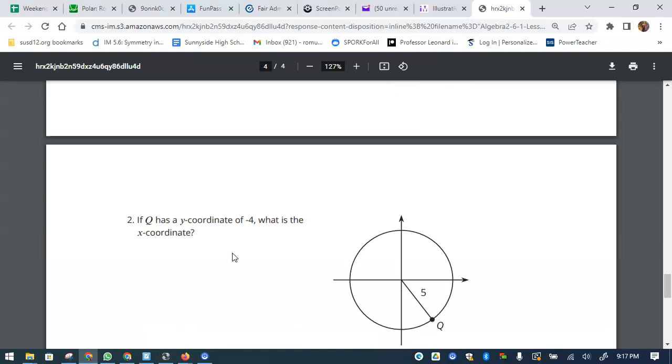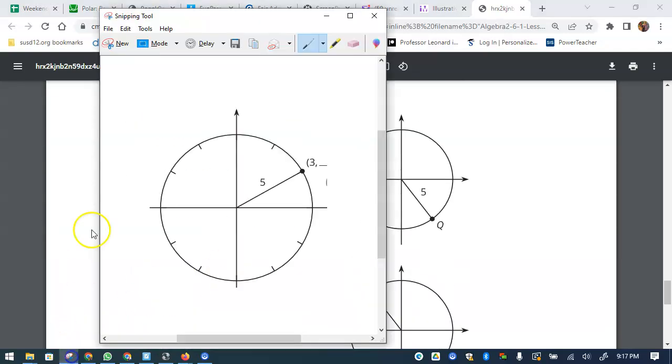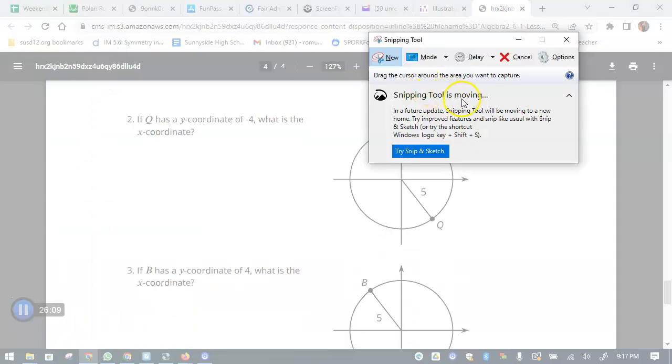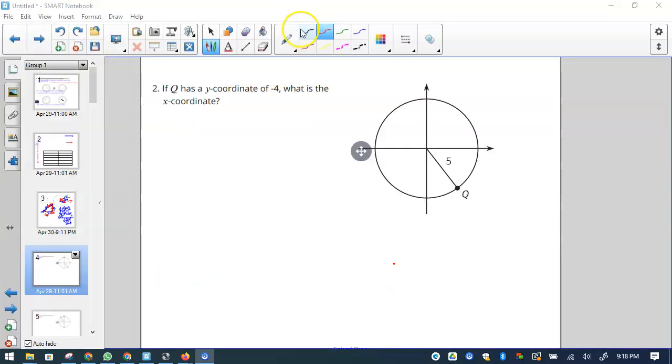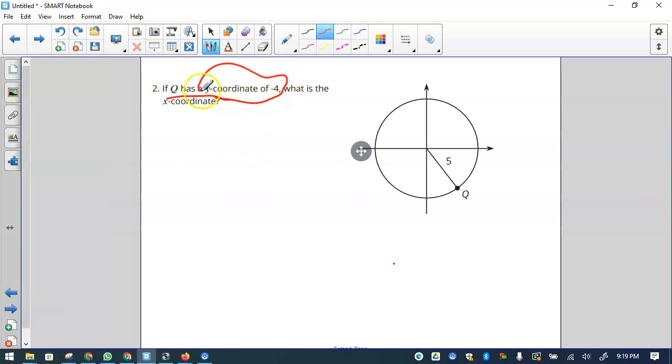So the second question is, if you see, we know that the y coordinate is given as -4. What is the x coordinate?